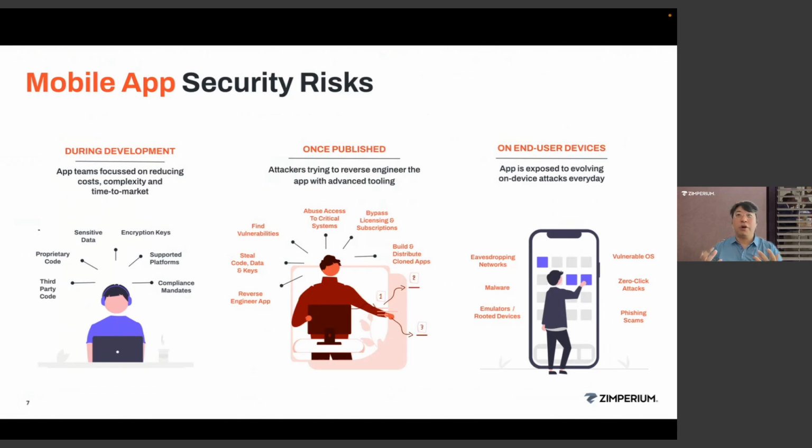Really, you're hoping for the best. So that's another area of risk, where a lot of reverse engineering people are now taking advantage of these applications, stealing sensitive information like API keys within the application that are actually quite valuable for the attackers.